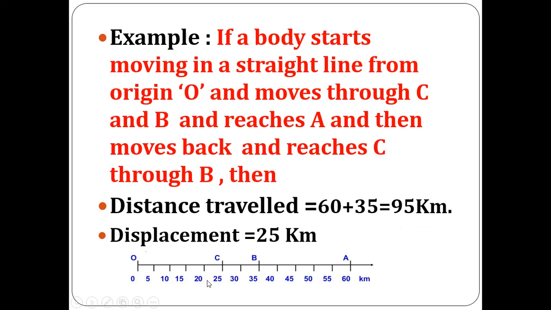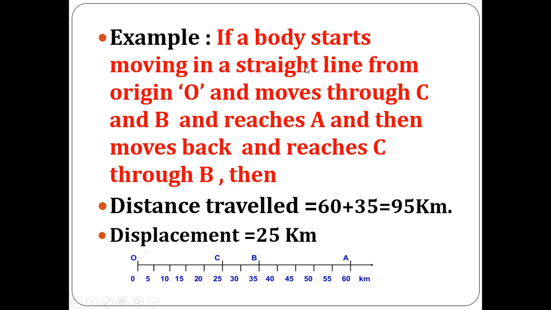Understood, children? Now, what is meant by displacement? We studied that it is the shortest path traveled by the body from its initial position to its final position. From its initial position, where it started, the shortest distance from O is O to C, so displacement is 25 kilometers.